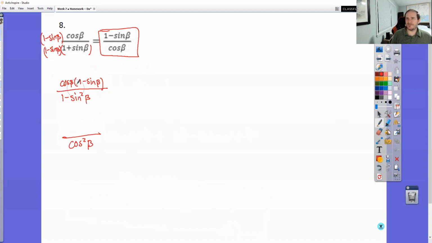We now have the 1 minus sine squared in our denominator, which we know turns into cosine squared, which is exactly why you don't want to distribute the cosine, because that cosine is likely to cancel further down the road, and in fact it does. And as soon as that cancels, we're done. We now have the 1 minus sine beta over cosine, which is what we're after.